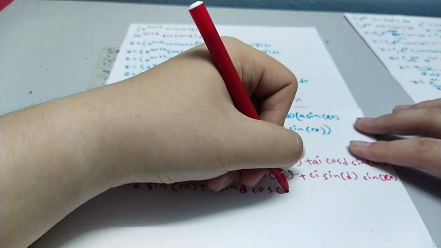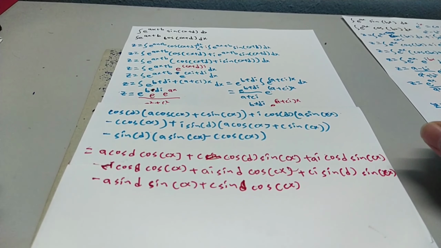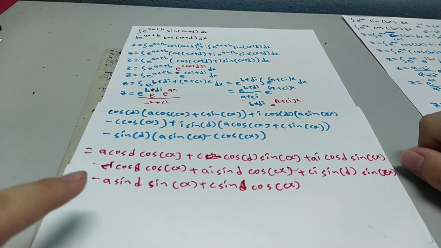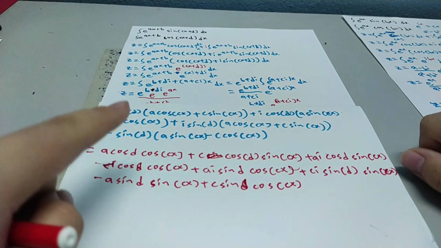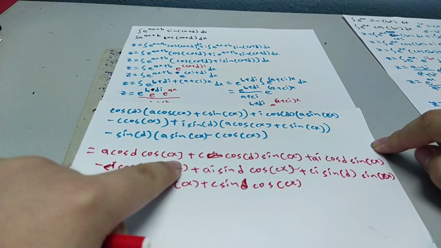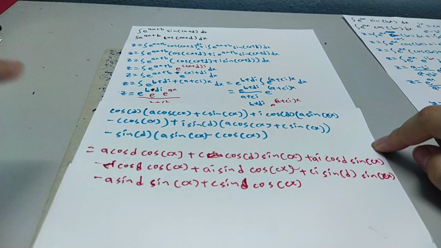Okay, so we are done expanding, and then let's check if there are some similar terms, some similar pattern that I can recognize. Now look at what I found. a times cosine of d times cosine of cx minus a times sine of d times sine of cx.